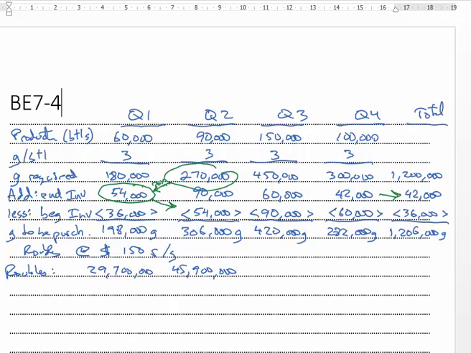This is 198,000 times 150 gives us that, right? 420 times 150 is 63 million. 282 times 150 is 42,300,000, and for the year, 1.206 million times 150. It's not going to fit in there. We'll do it down here: 180,900,000, and that concludes the exercise.